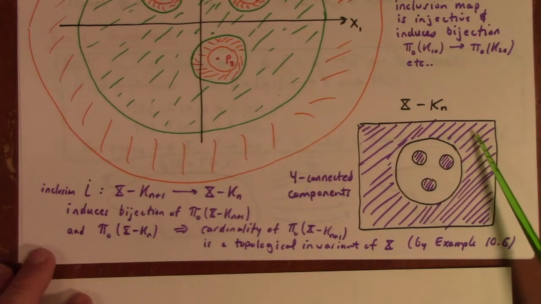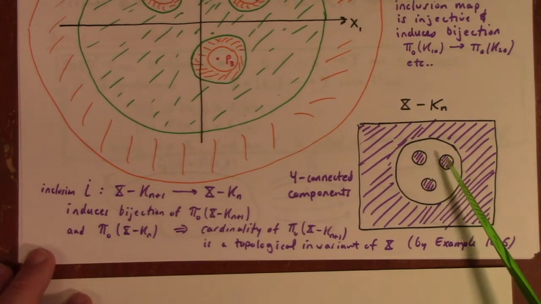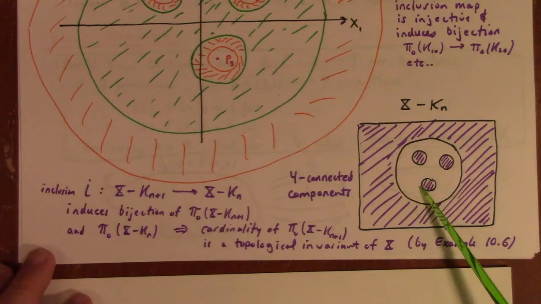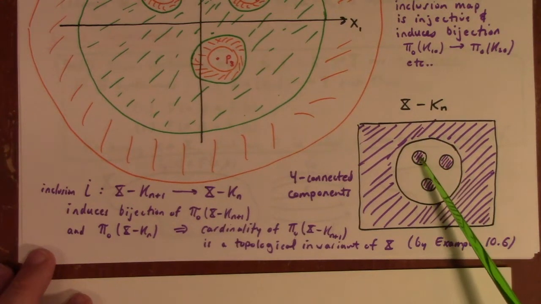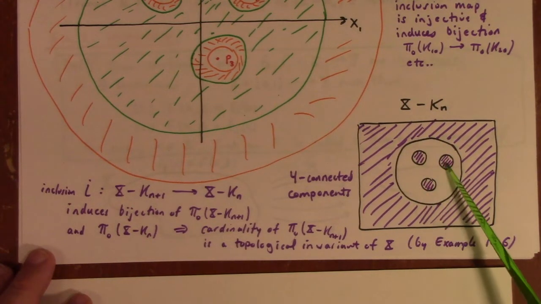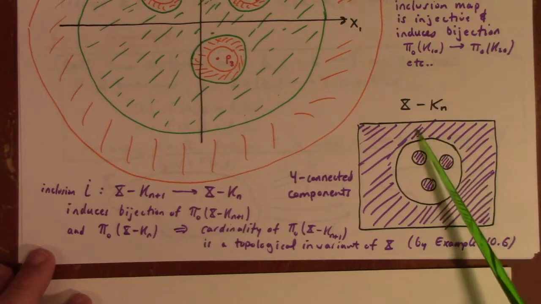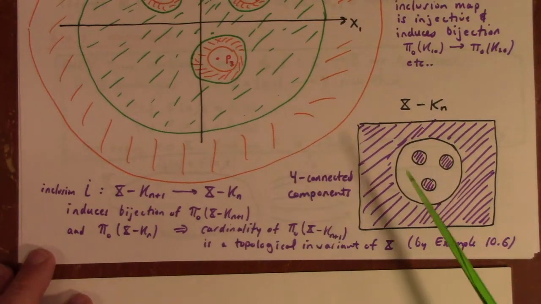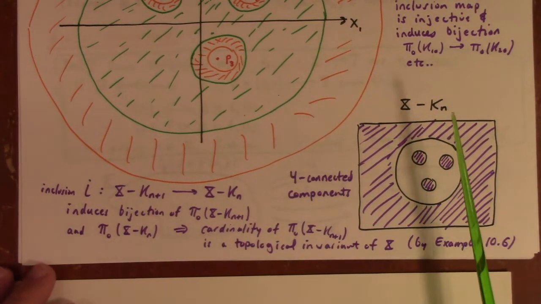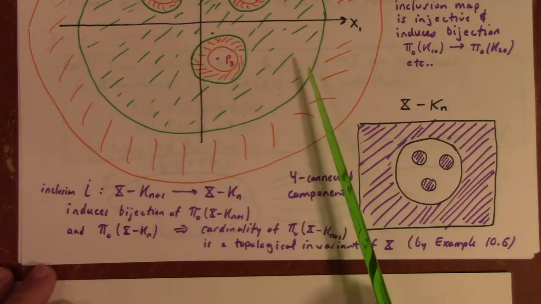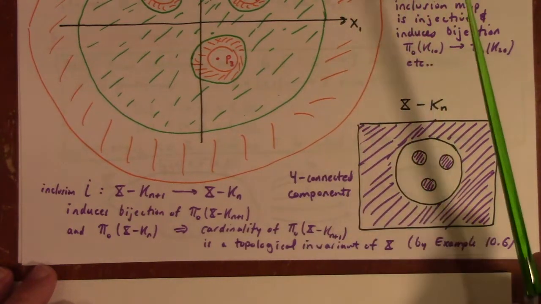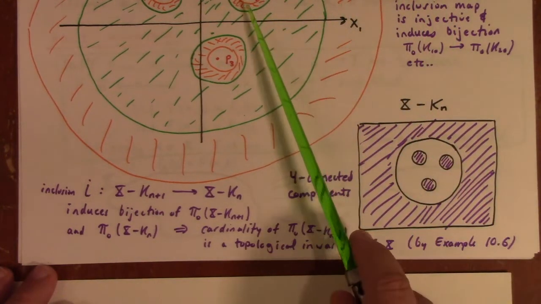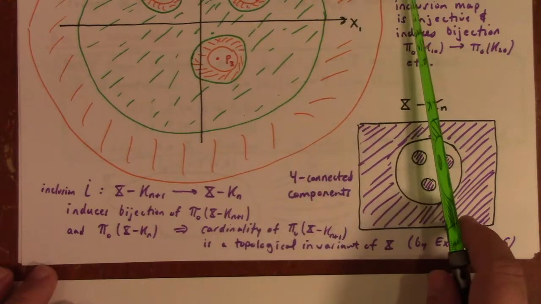If you look at that, you start to understand that if I've got 3 points deleted from R2, then you get these little disks around the points, and those disks are disconnected from the exterior domain. So you've got these 1, 2, 3, 4 regions, 4 connected components, and that remains the same for every one of these exhaustions. Doesn't matter how much you zoom in or zoom out.